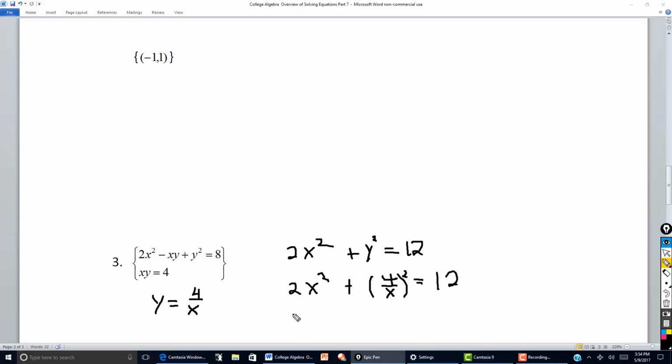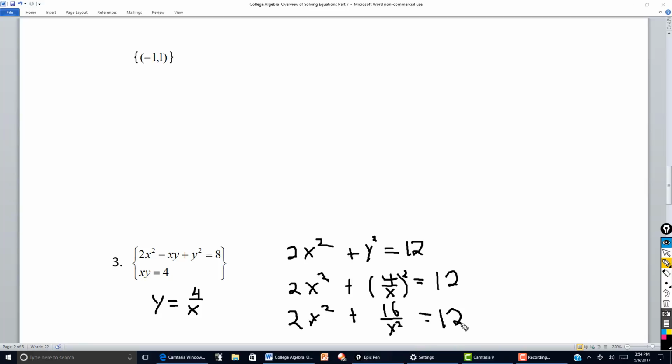So then this becomes 2x squared plus 4 over x squared, which will be 16 over x squared, equal to 12.